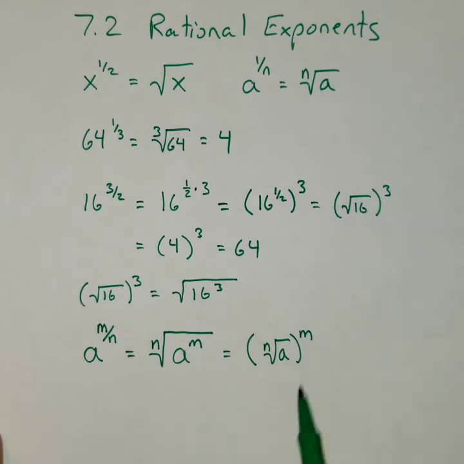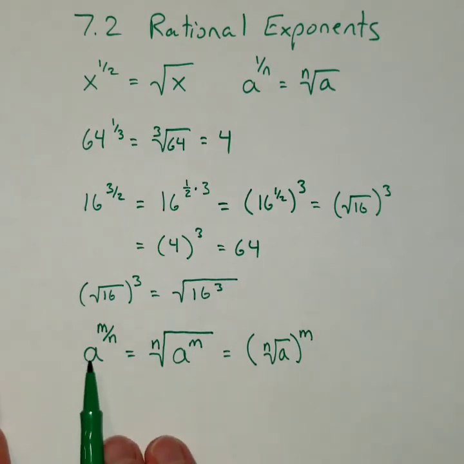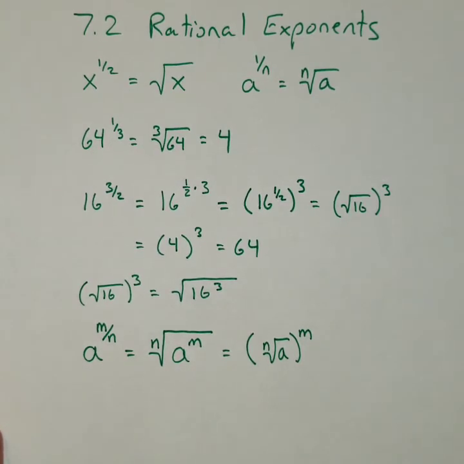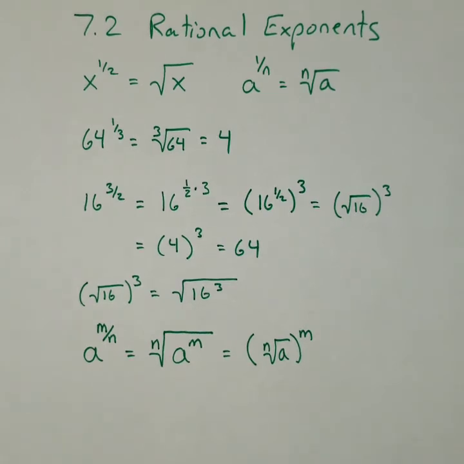So you can do the m on the outside or on the inside. Again, they're interchangeable. And again, we are assuming that the base, the variables, are always positive here. Okay? If we don't assume that, if we allow for negatives, then some of these equalities don't hold perfectly. So we're going to assume everything is positive.